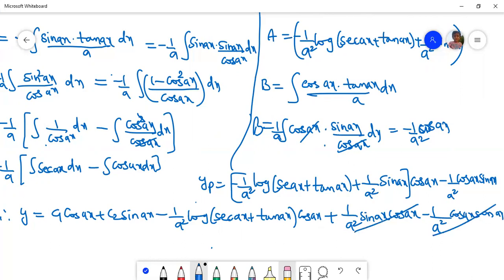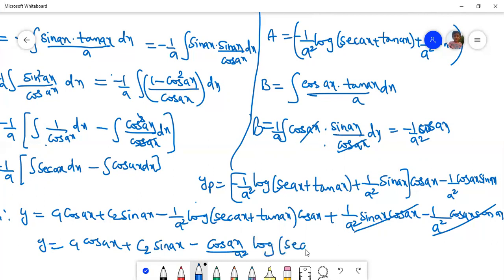So what is the general solution? c1 cos ax plus c2 sin ax minus cos ax by a square log of secant ax plus tan ax is the required general solution.